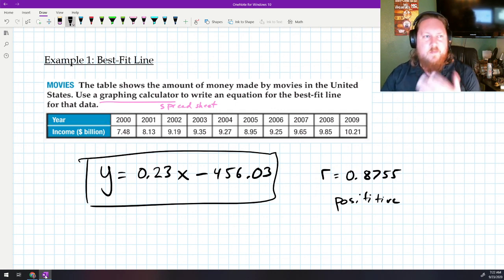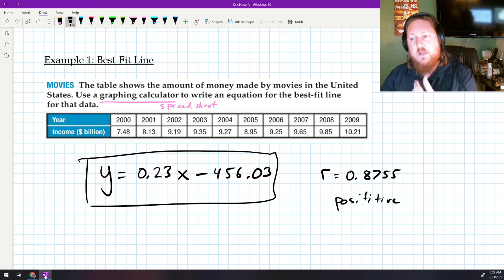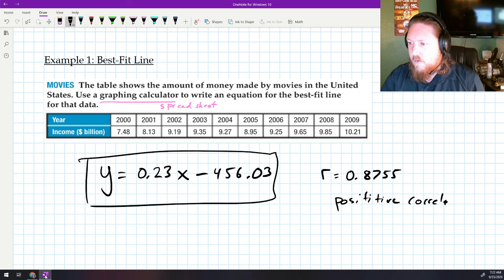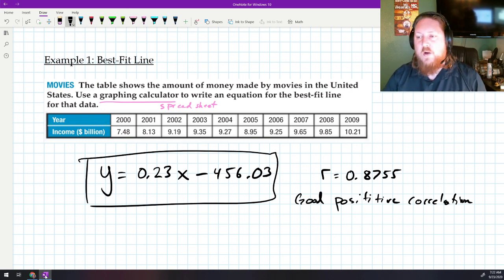I already knew that from the scatter plot, but sometimes in the calculator, you can do all these calculations and not actually have the correlation until you look at the R value. So it's a positive correlation, and I would classify this one as a good positive correlation. 0.87 is pretty close to 1, so that's a pretty good correlation there.